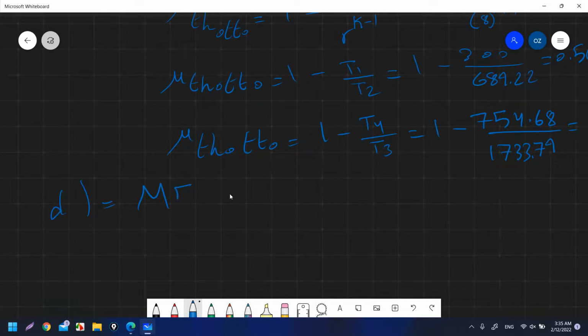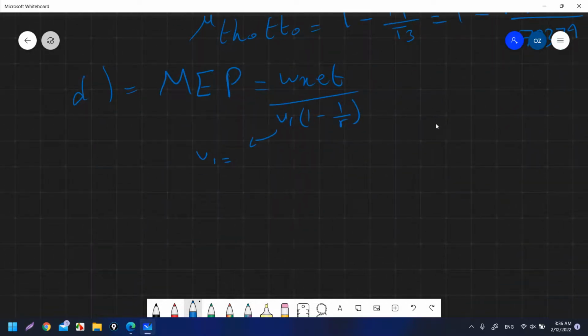Okay, for part D, the mean effective pressure, we already saw from the last question, W net equals V1 times (1 minus 1 over r) times MEP. And V1 is equal to R T1 over P1.